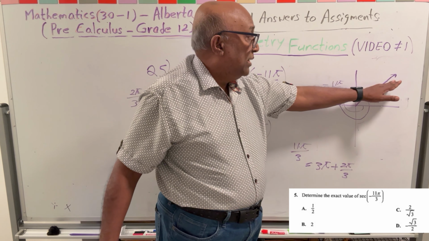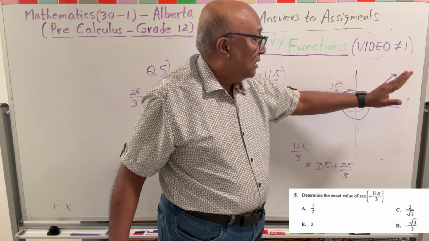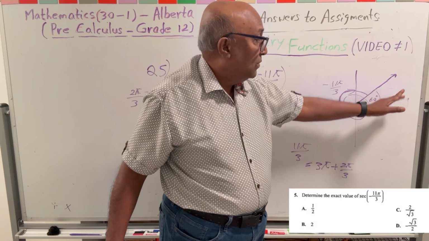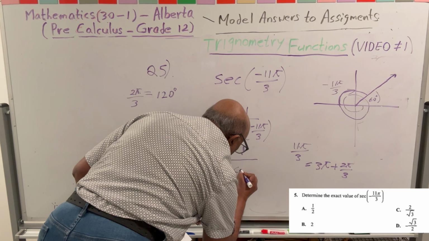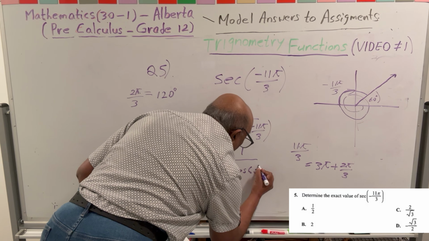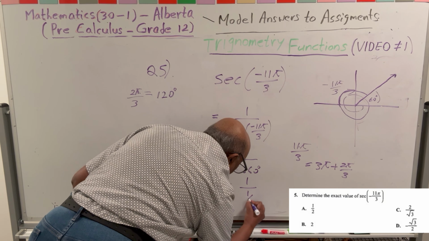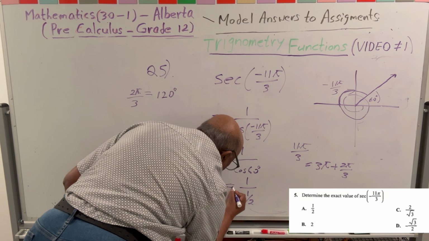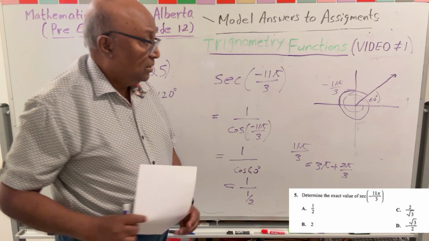For the same coterminal position, whatever the angle, you are getting the same trigonometry ratio, okay? That means this is equivalent to cos 60. Cos 60 value we have to remember from the special triangle, that is 1/2.